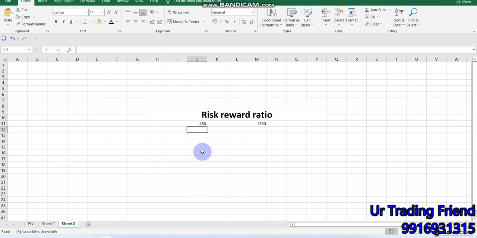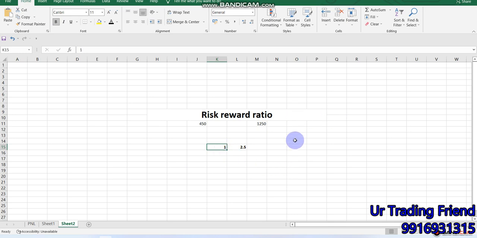So that means it is almost 1 is to 2.5, right? Yeah, consider 2.5. This is one of the best risk reward ratios which I am having currently, where reward should always be greater than risk. I'll tell you why it is required.